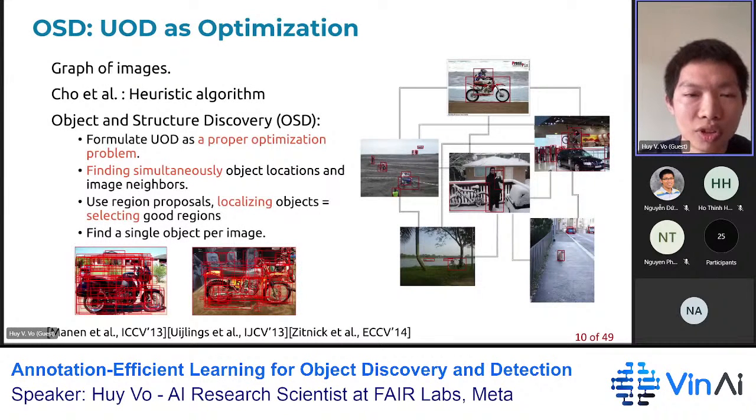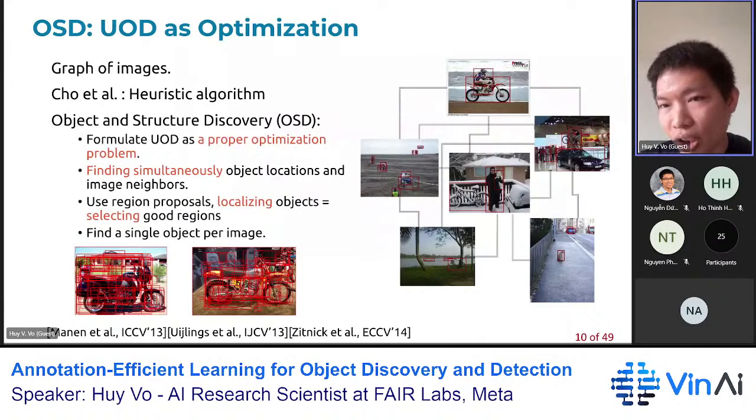With this graph structure, Cho and collaborators observed that if we know the neighbors of each image, then we can roughly localize the objects in them by computing the correspondences between the image and its neighbors. And the inverse is also true: if we know roughly the location of objects in each image, then we can define a measure of similarity based on these objects and find neighbors for each image.